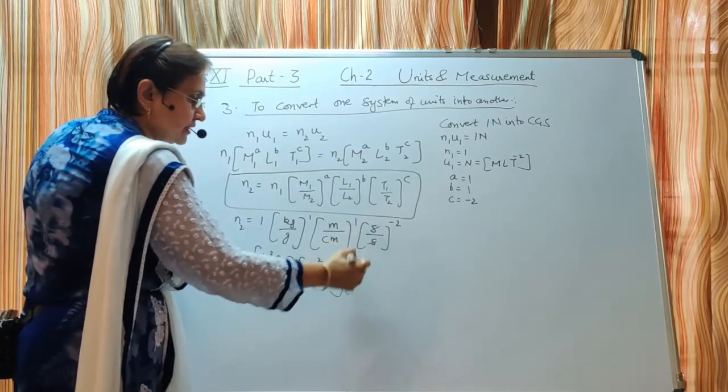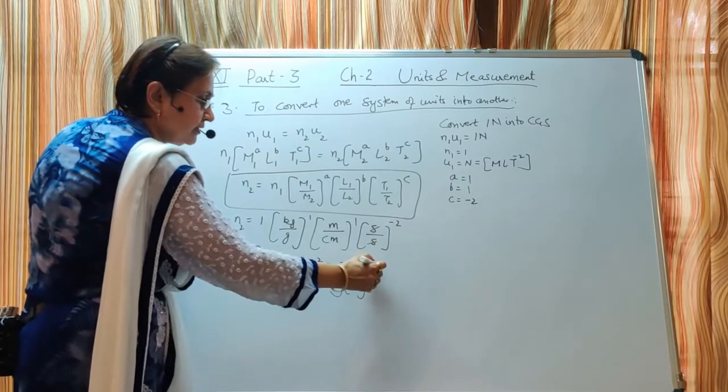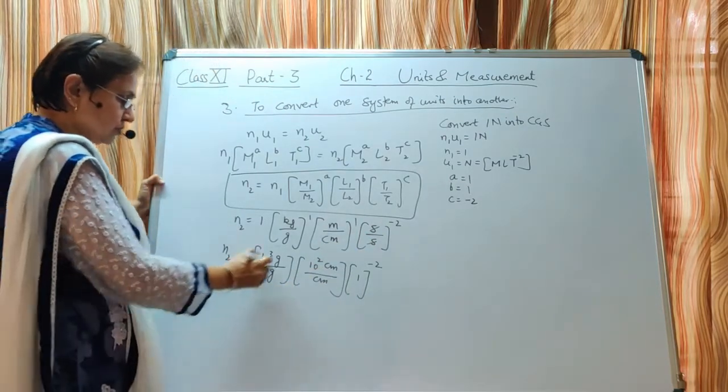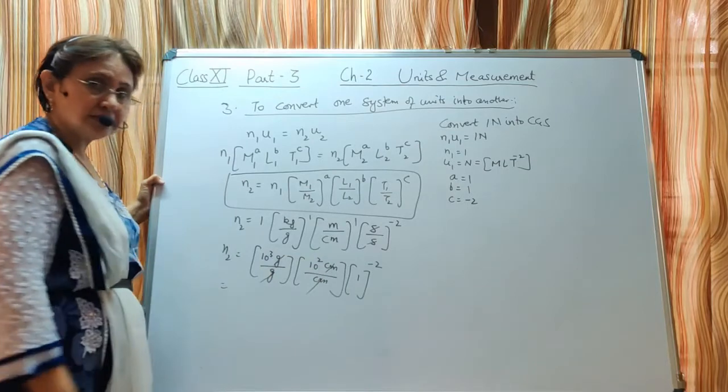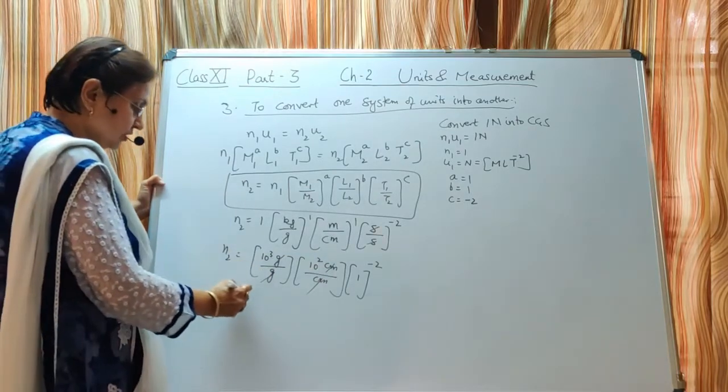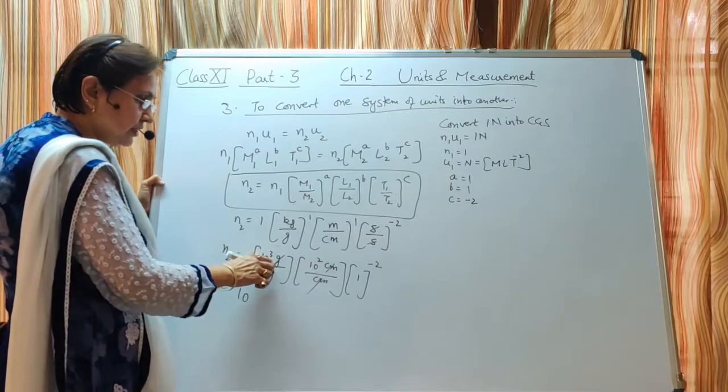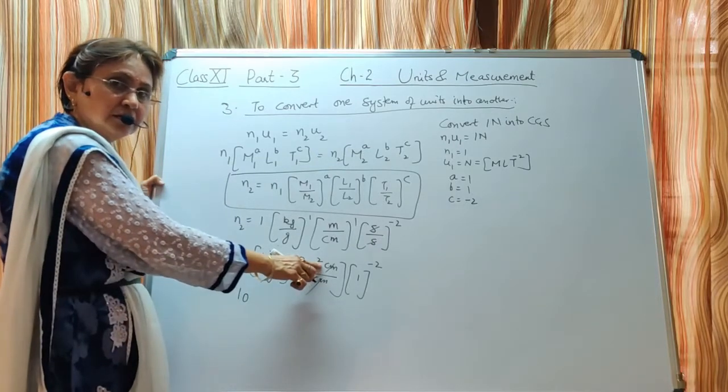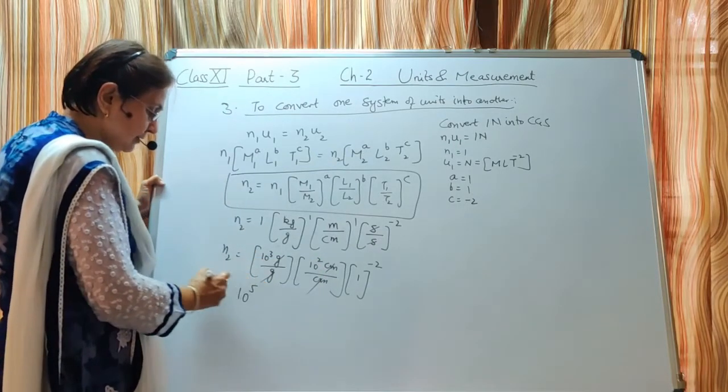Here second upon second cancels out, so this becomes 1 raised to the power minus 2. Grams and grams, centimeters and centimeters you can cancel out. So this becomes 10 raised to the power 3 plus 2, that is 10 raised to the power 5.